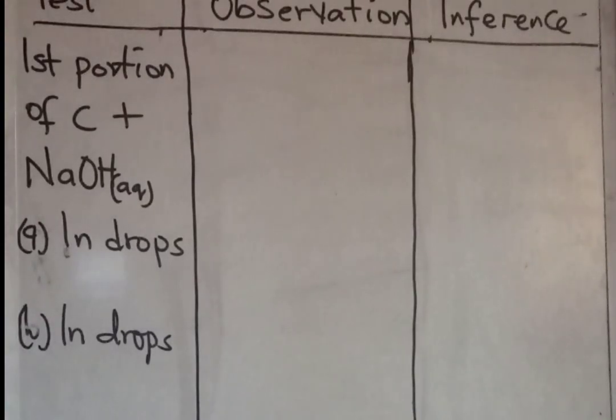So to the first portion of C, you'll be asked to add sodium hydroxide. So we're talking about tests for lead-2 ion now. Lead-2 ion is one of the cations that forms a precipitate with sodium hydroxide. So that is why you will be asked to add sodium hydroxide to it.